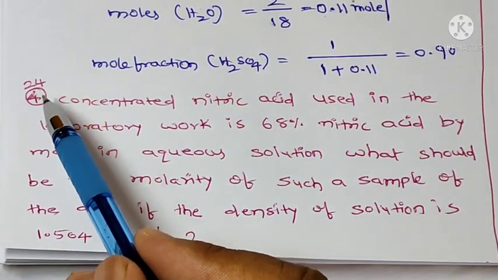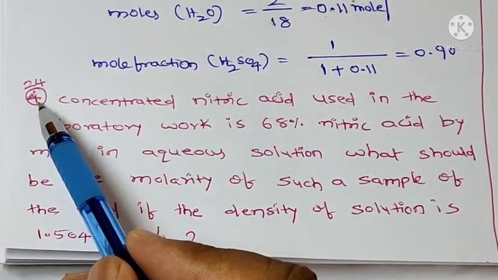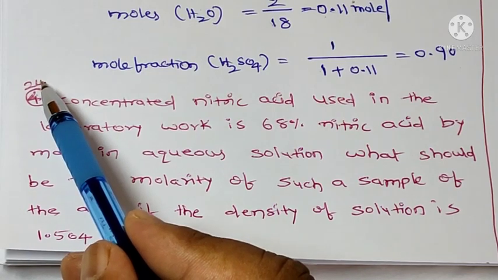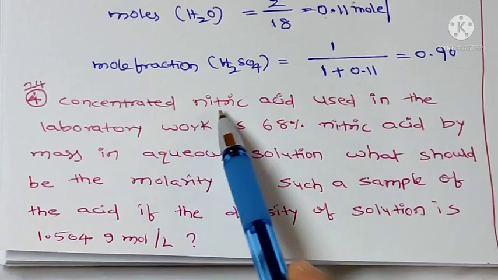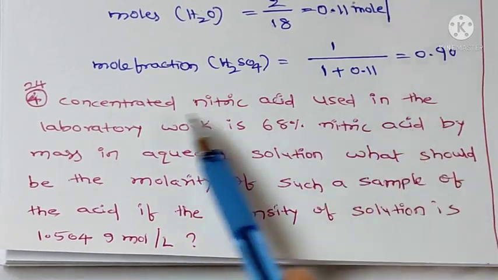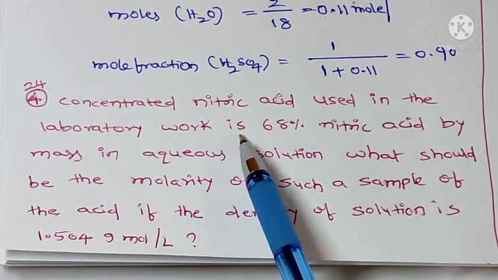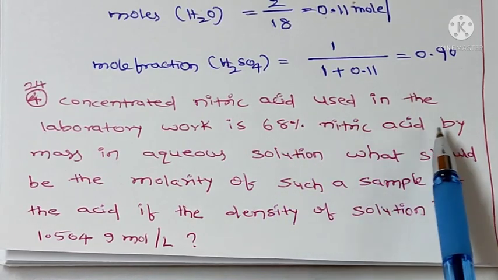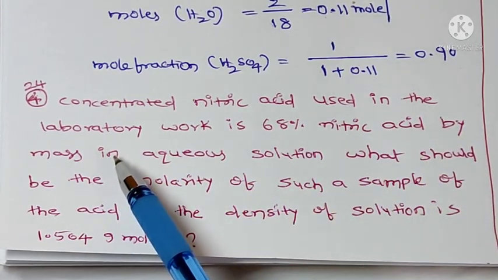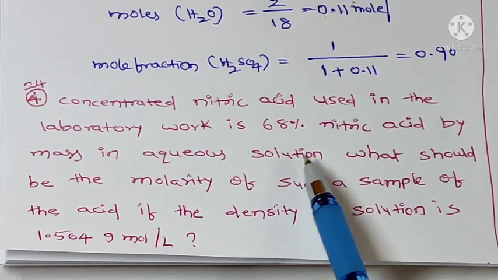Next problem, problem number 4 in the textbook, question number 24. Concentrated nitric acid used in the laboratory work is 68% nitric acid by mass in aqueous solution.